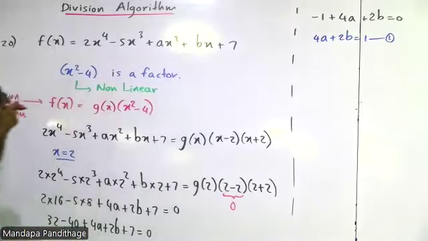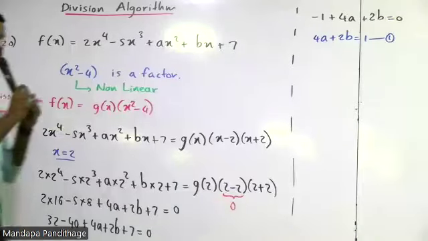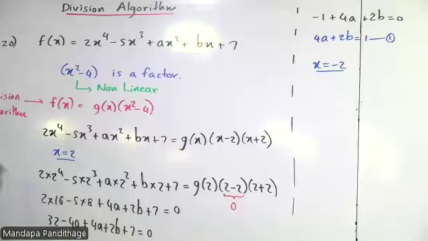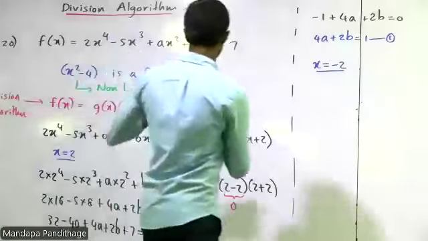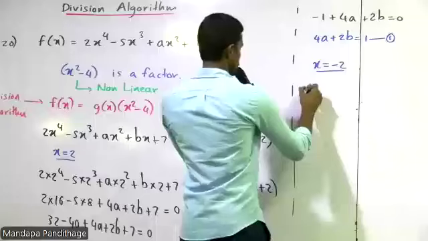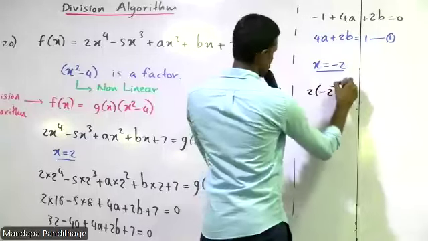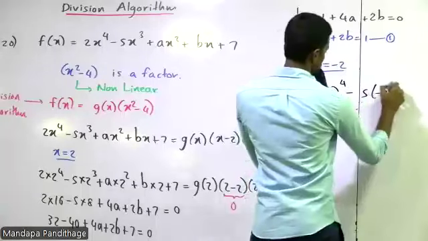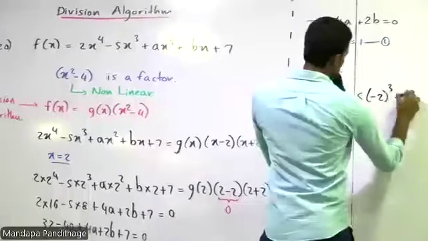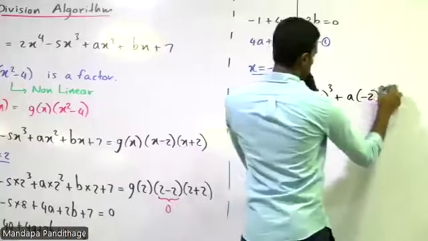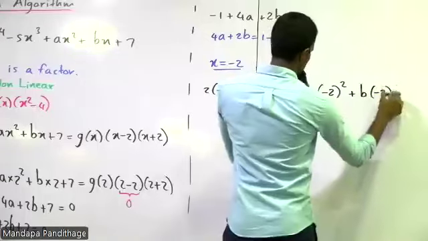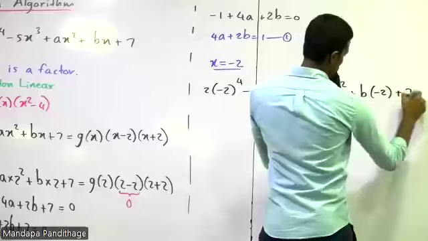Do the next one. Substitute x equals minus 2 to get another equation and solve for a and b. So when x equals minus 2, we substitute: 2 into minus 2 to the power 4, minus 5 into minus 2 cubed, plus a into minus 2 squared, plus b into minus 2, plus 7.